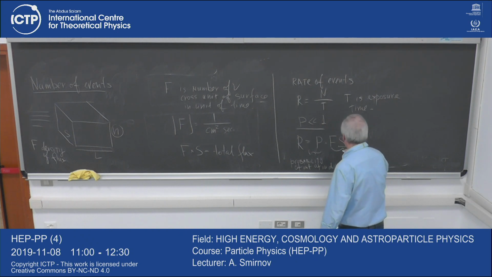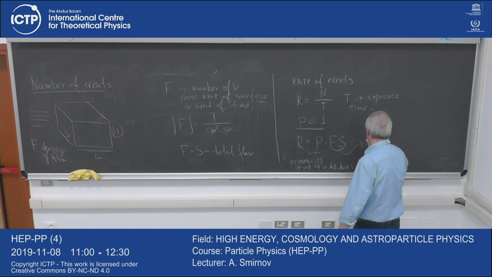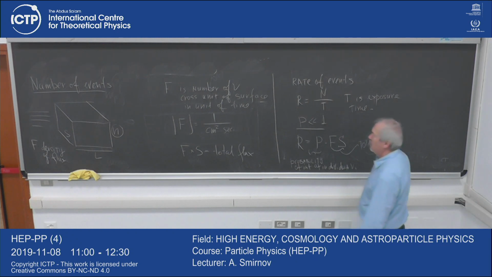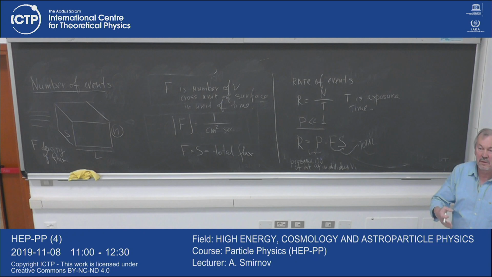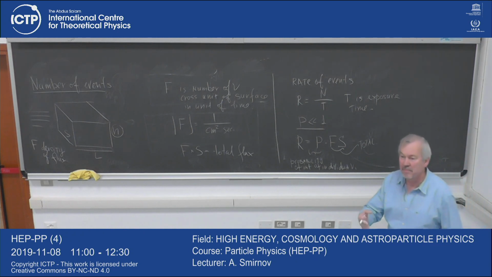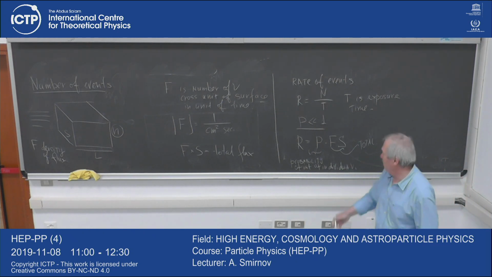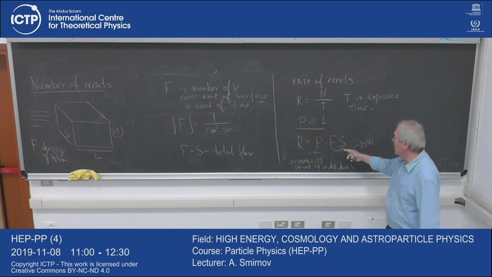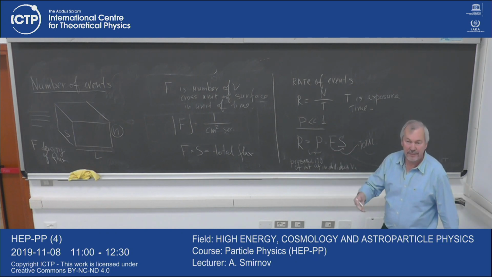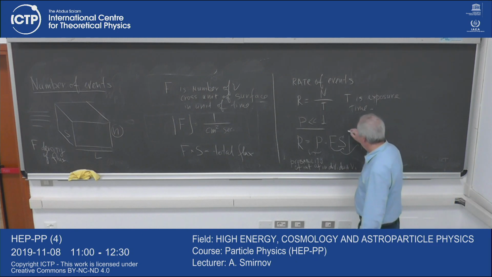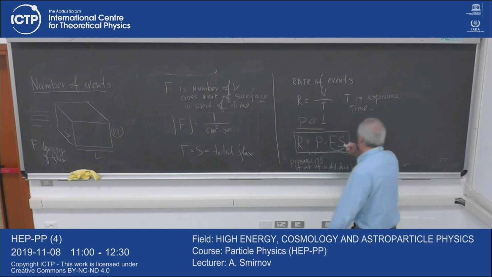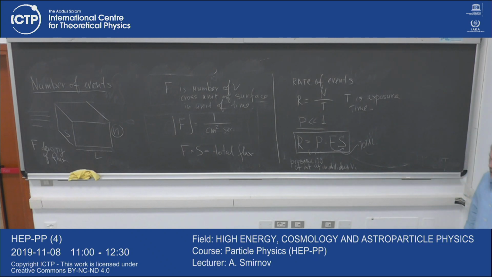And this is the total flux. And the total flux is the number of neutrinos entering our detector per second. And therefore, this automatically gives us the rate of the process, the rate of interactions and production of a given event.